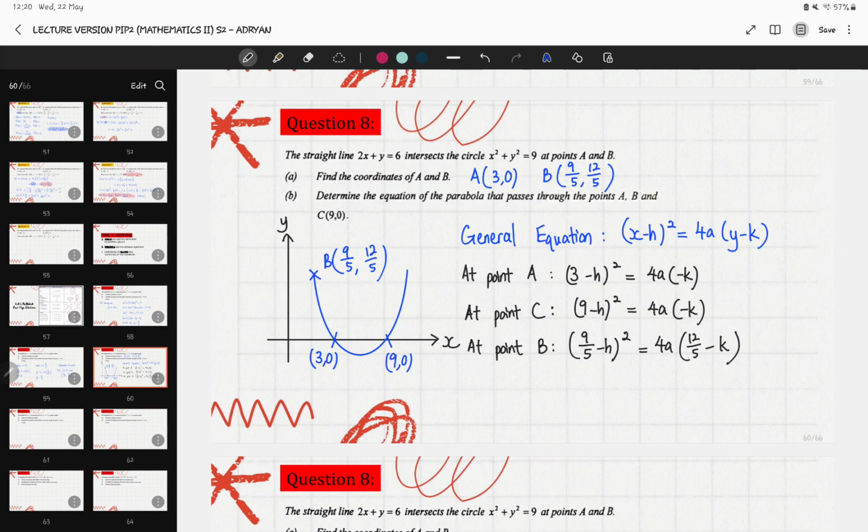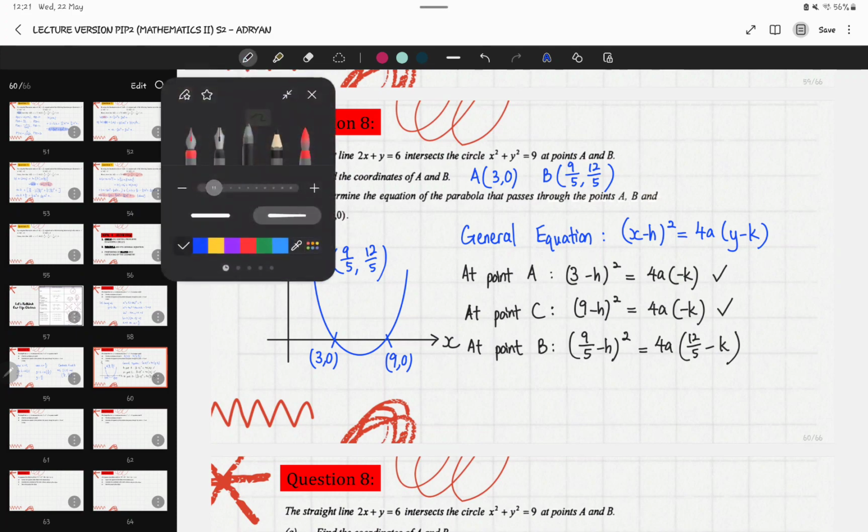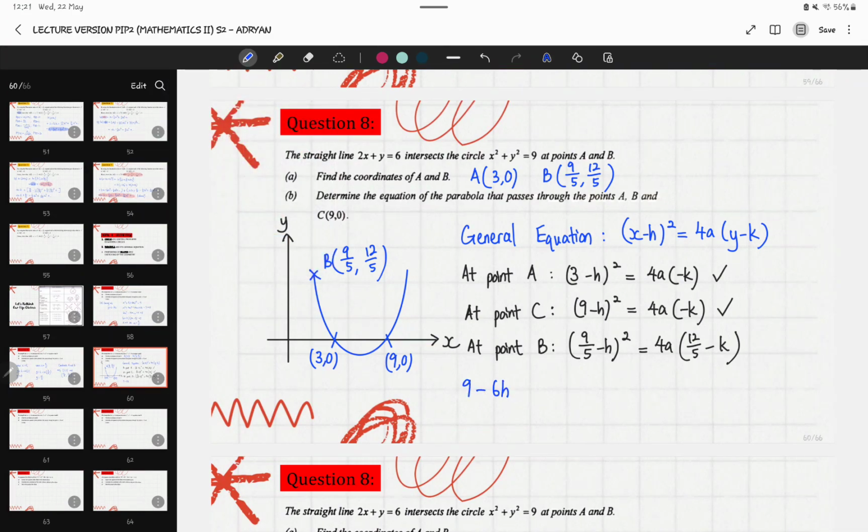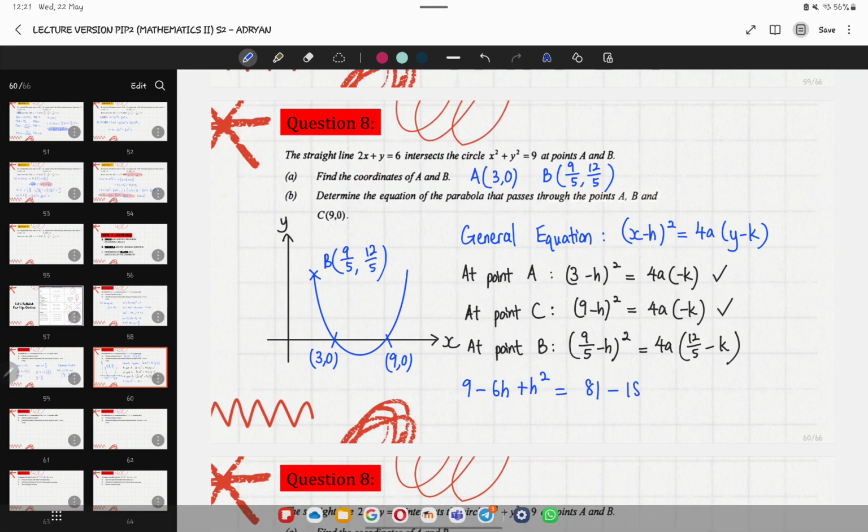For me, what I did is you can find h first. How do you find h? By taking the first equation and the second equation. You can notice that 4a times negative k is the same, so we can expand it, making it 9 minus 6h plus h squared equals 81 minus 18h plus h squared.